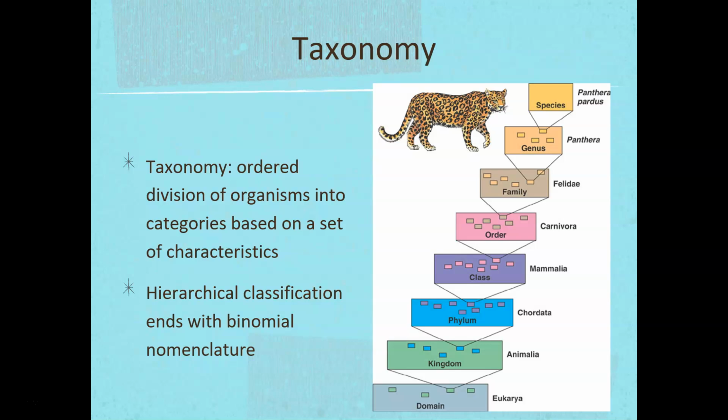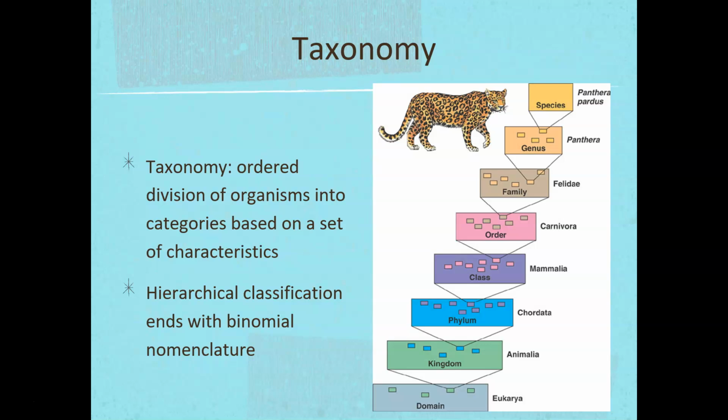So, taxonomy is probably the most commonly known way that we classify organisms. It's that ordered division of categories based on a set of characteristics. And this goes all the way back to Carolus Linnaeus and the first initial classification scheme.